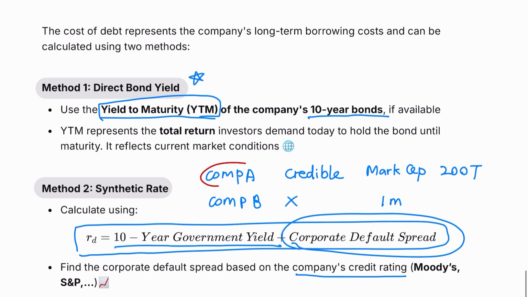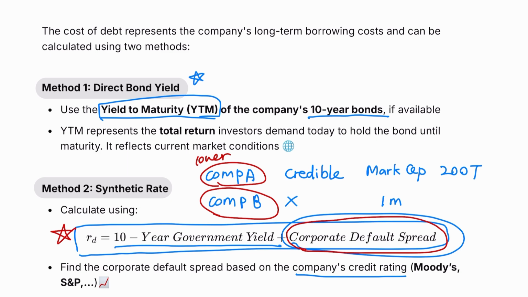So if company A wants to borrow money from me, I may require a lower interest rate, as I know this company is trustworthy and credible. It's unlikely to default. However, if company B wants to borrow money from me, I may require a higher interest rate. That's why the borrowing cost for company B is higher. So we need to add the corporate default spread in order to reflect the company's credibility.